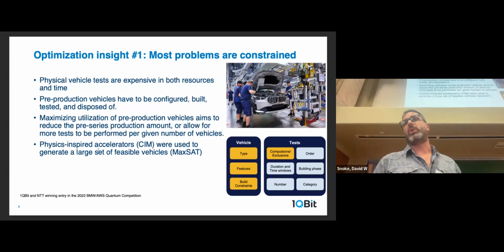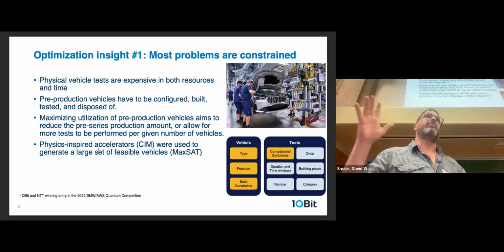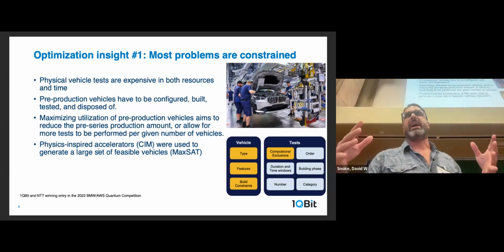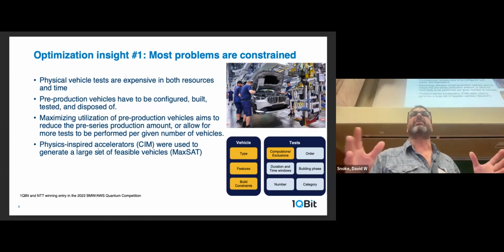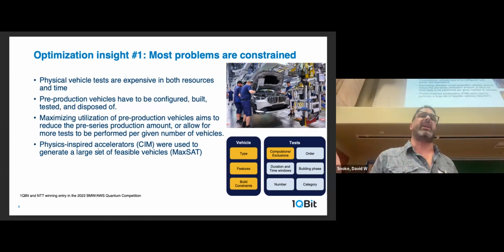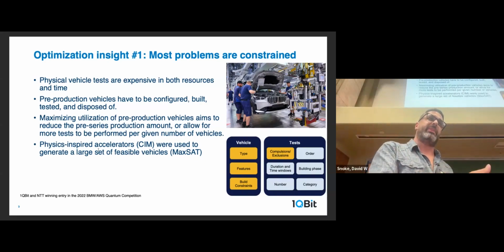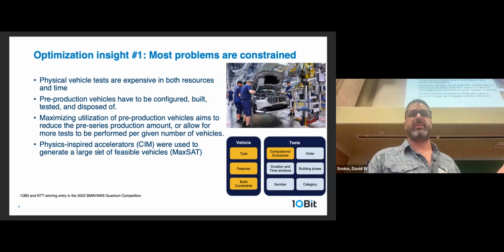And they said, can you use quantum hardware or quantum-inspired hardware? It's such a mind-bogglingly complicated problem because you had vehicles that needed to be destroyed, vehicles that had super complicated constraints, and even just building the vehicles had a lot of constraints. You couldn't build a 4-cylinder engine with a 6-cylinder engine, obviously.